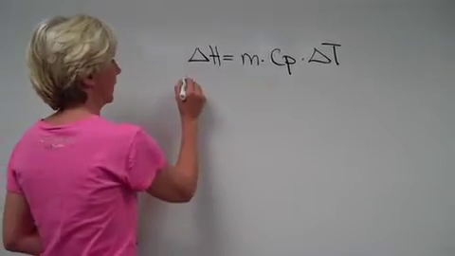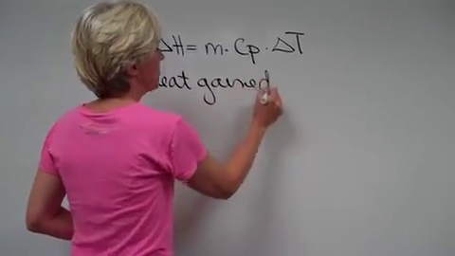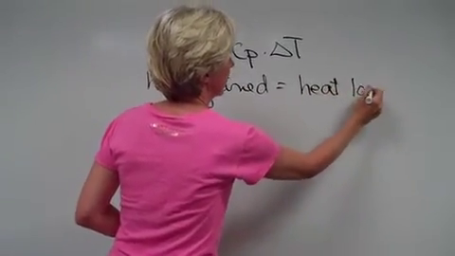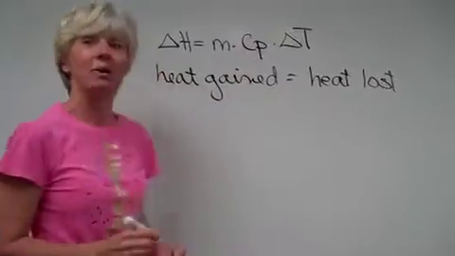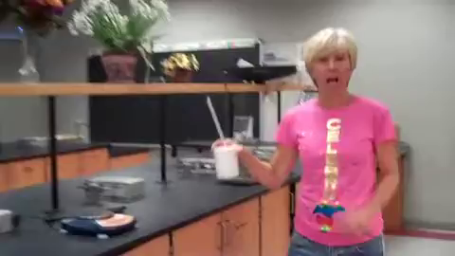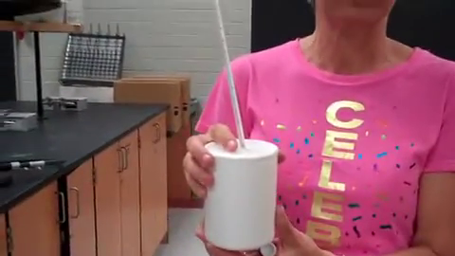Now we know that the heat gained must be equal to heat lost. Now, let's go over into the lab because I have some stuff boiling right now. Okay? First of all, I have 100 grams of water in this calorimeter.